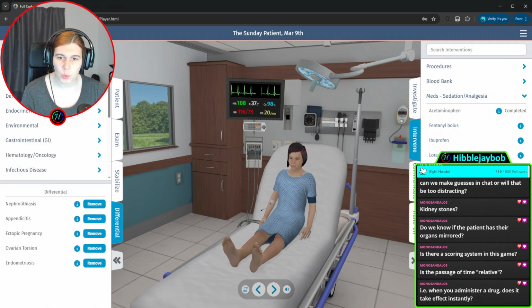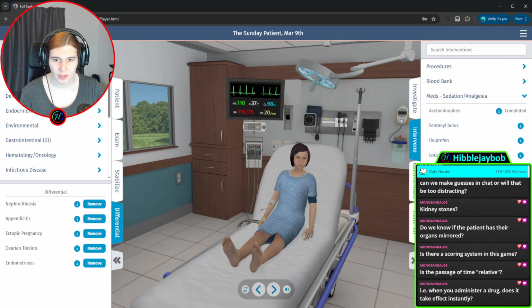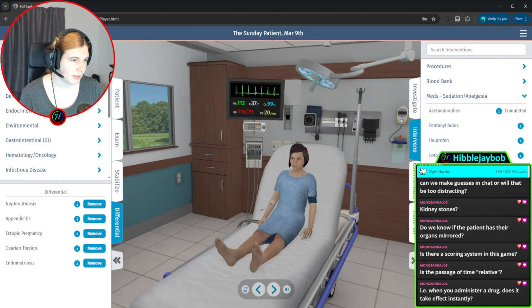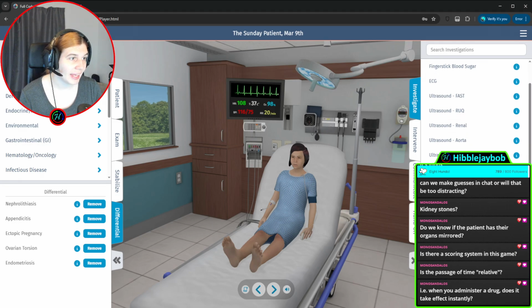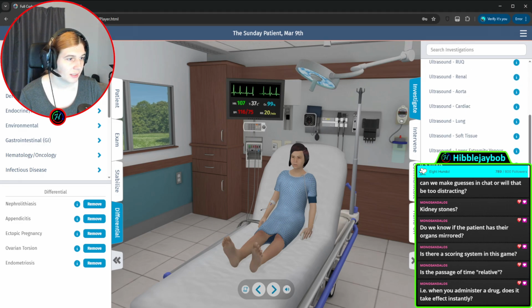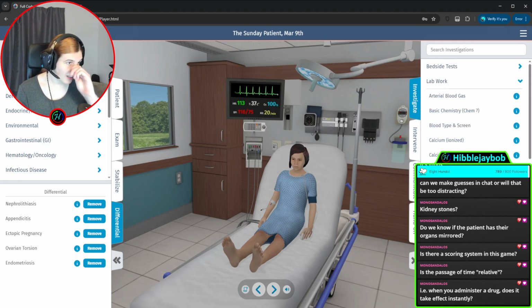So I've got low suspicion for kidney stones. Okay. Bedside tests. Okay, let's have a little look. So let's queue up some blood tests.